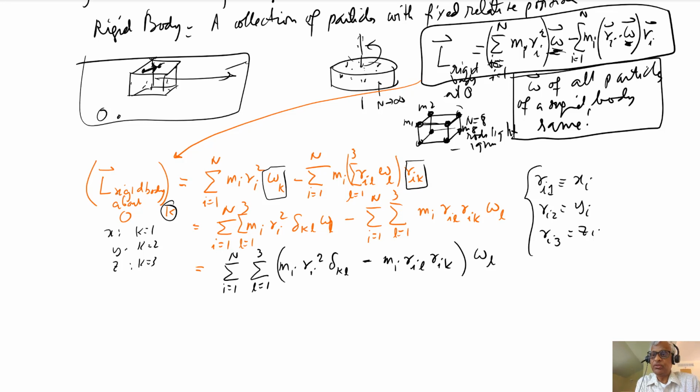Now the dot product, I can write the dot product as a sum over l, for the ith particle, like ri1 will be its x coordinate, ri2 will be its y coordinate, ri3 will be its z coordinate, and so it has to be summed over. This is the dot product, and then I try to introduce a Kronecker delta. So what is this delta?